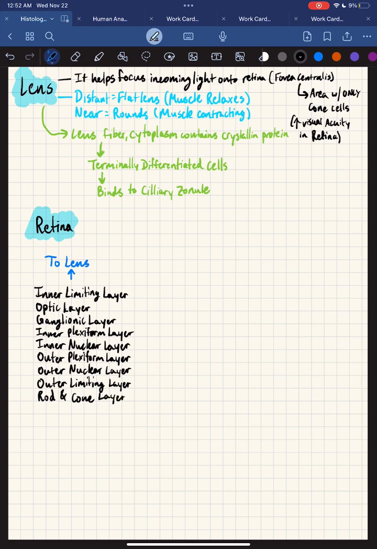And last but not least, on the choroid and vitreous humor side, the pigment epithelium. So we're just going to go ahead and write to choroid and vitreous humor.